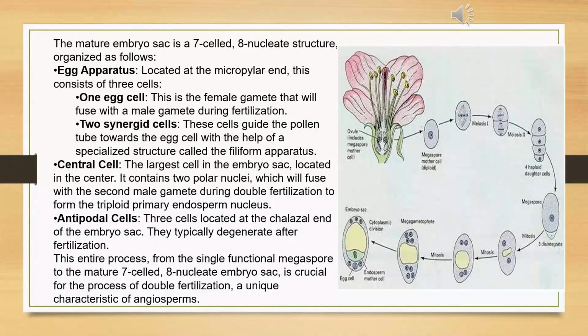They typically degenerate after fertilization. This entire process from the single functional megaspore to the mature seven-celled and eight-nucleate embryo sac is crucial for the process of double fertilization, a unique characteristic of angiosperms.